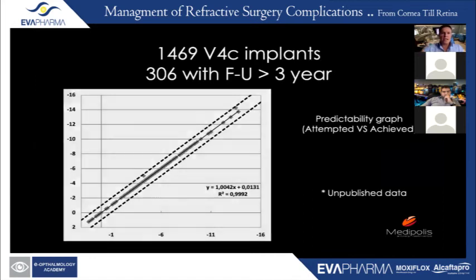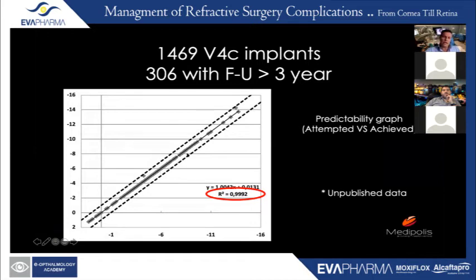These are my cases: about 1,500 V4C cases, with a follow-up in 306 eyes of more than 3 years. You can see that there is a very good correlation between the attempted and targeted refraction.